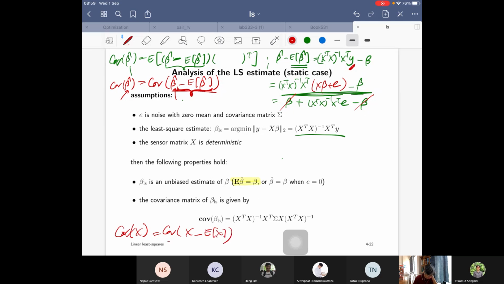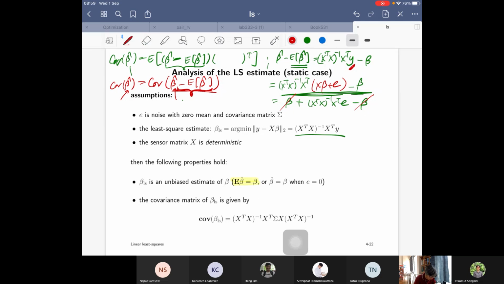Just take a look at the definition, because when you compute the covariance of some random variable, you need to take care of the mean, right? You need to remove the mean, but if you already remove the mean of that variable, you compute the covariance, it would be the same thing. This is very minor. I let you review after this.